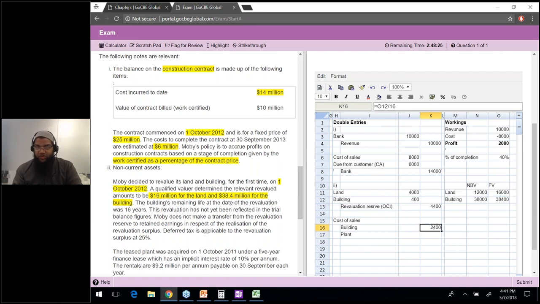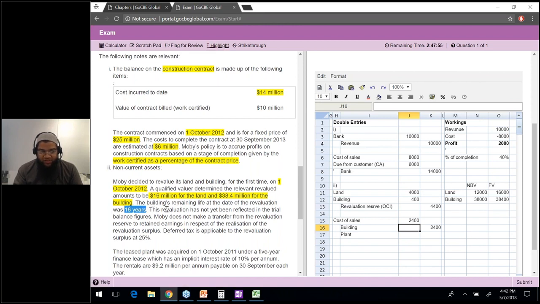So the total depreciation in the building is 2,400, and I'm writing the sum so that whenever I charge the depreciation on plant, my cost of sale will automatically be updated. It is not necessary because all workings that we are doing are already in triple zeros. Okay, now we have used the depreciation of 16 years.